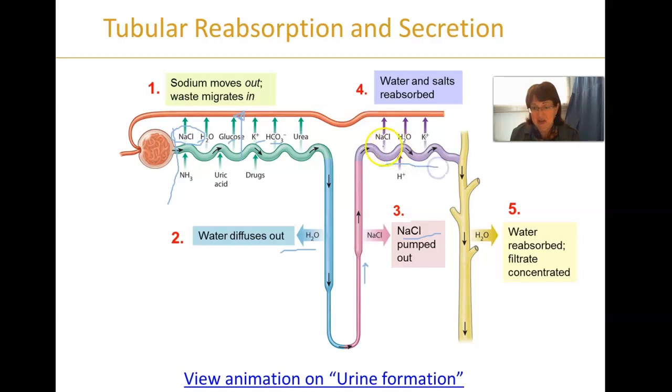Now at the distal convoluted tubule, you can still have some more things returning to the blood. Notice with tubular reabsorption, you're going from the filtrate to the blood. Then there's a process called secretion, and in secretion you're rebalancing the blood, and you're putting things back into the filtrate.